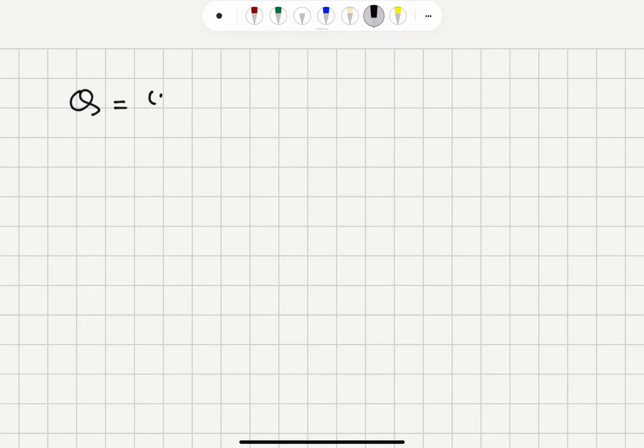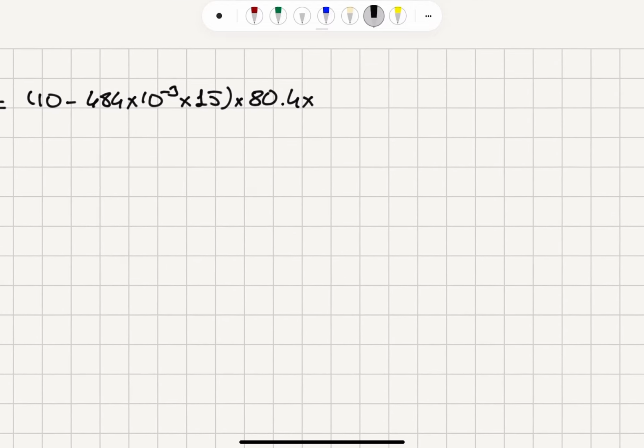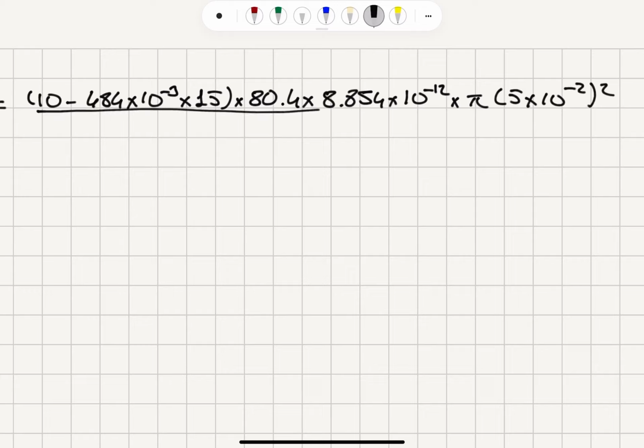So it is 10 minus 484 milliamps, 10 to minus 3 amps, times 15, multiplied by the dielectric constant 80.4, permittivity of free space 8.854 times 10 to minus 12, pi r square is pi times 5 times 10 to minus 2 meters squared, divided by d, the separation between the plates.